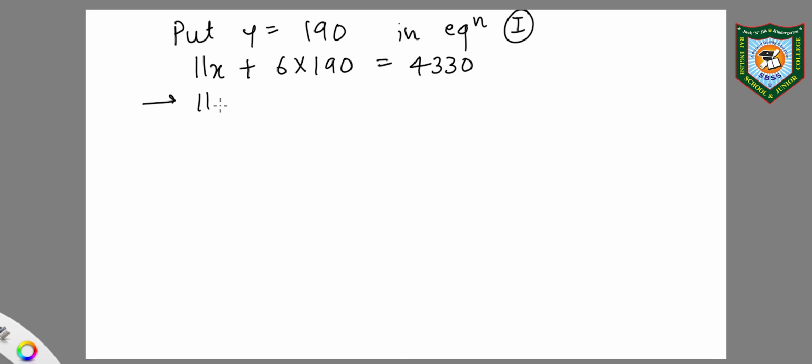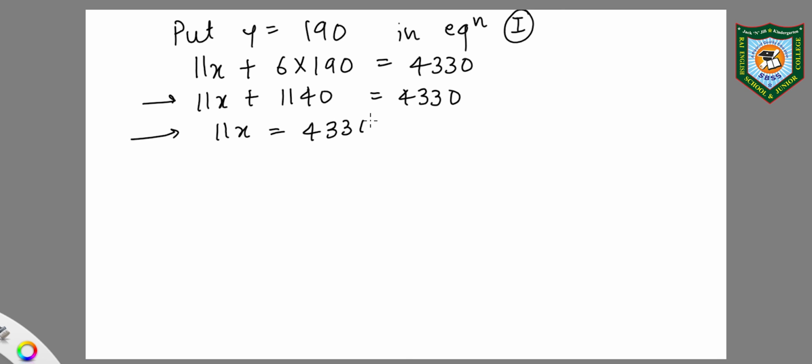This is 11x plus 1140 is equals to 4330. So I have 11x is equals to 4330 minus 1140.